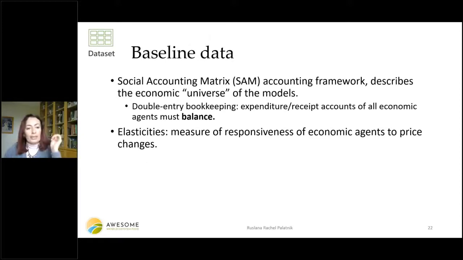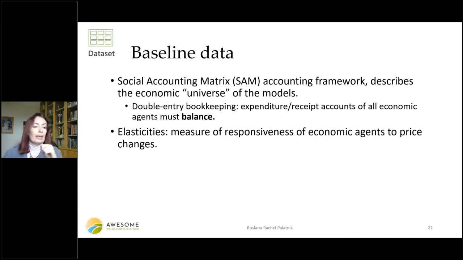Okay, so now that we got a sense of the model, let's talk a bit about data. So for baseline data, we need two sets. One is coming from the social accounting matrix, SAM, which is the accounting framework that describes the economic universe of the models. It follows the rule of double entry bookkeeping, meaning that expenditure and receipt accounts of all economic agents must balance.